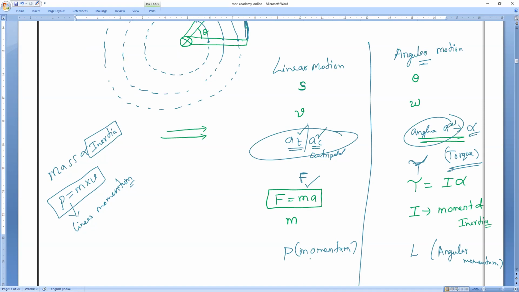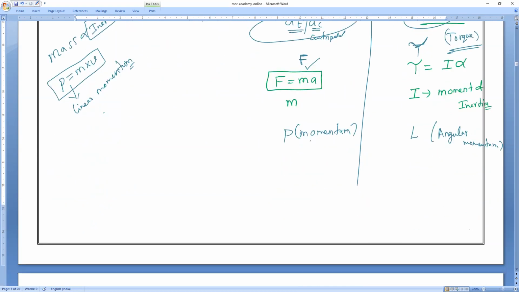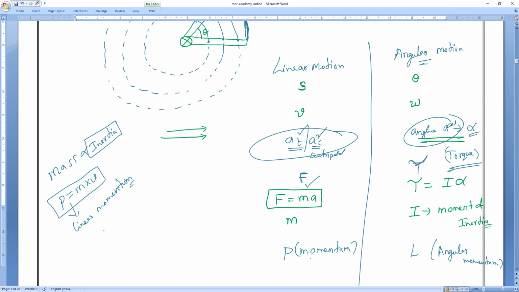Linear momentum, and here angular momentum. Then we will study theta, S, V, omega, A, tangential acceleration, centripetal acceleration, angular acceleration, net acceleration.